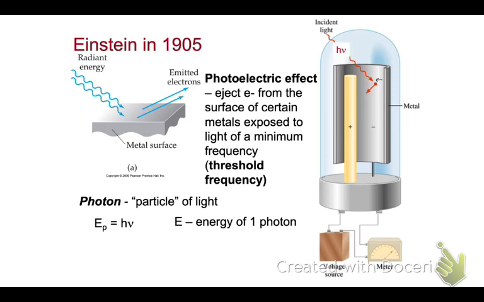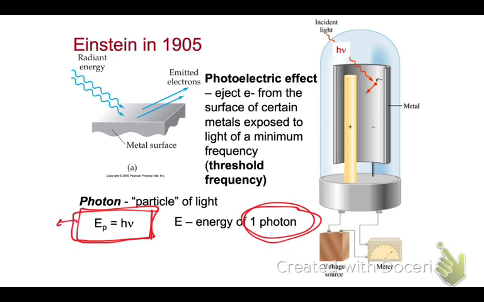The energy that we calculate from the previous equation always represents the energy of one photon. So every time you use this equation, you are calculating the energy for one photon only. What does that mean? If the question is asking about a mole of photons, then you calculate this and multiply it by Avogadro's number to get a mole of photons.